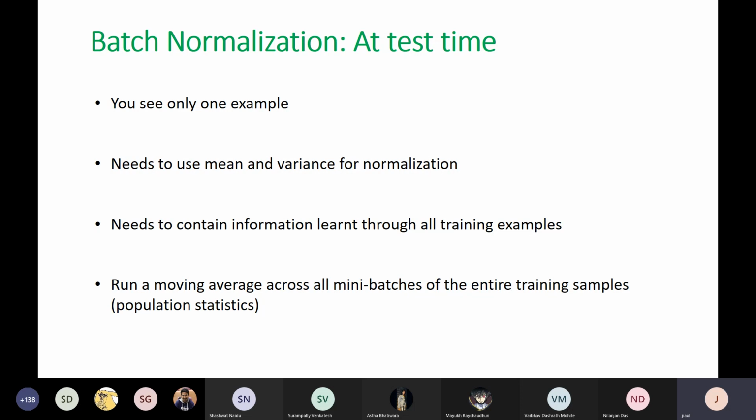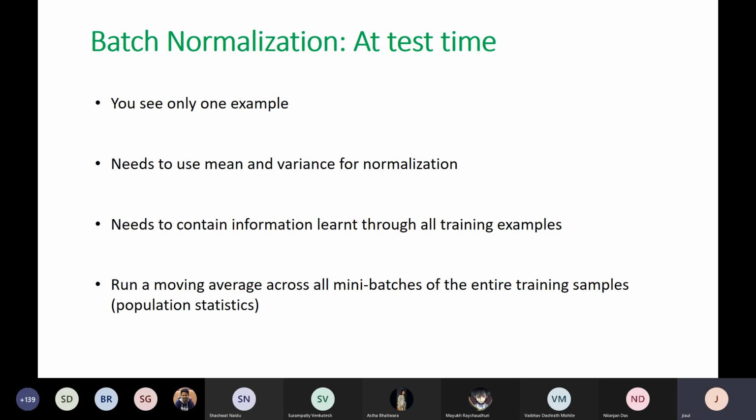When we take the mini batches, we compute the means and variances for every layer, then take a moving average over these mini batches to get the mean and variance per layer, and save it once training is done. When a test sample comes in, you simply reuse those values, because for a single test sample, the mean and variance computed on it doesn't make any sense. So you reuse what you have learned from the training samples directly.